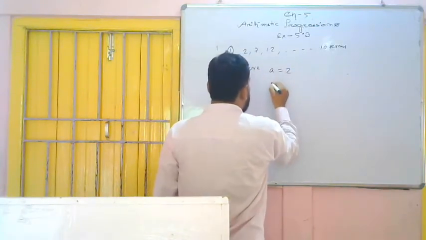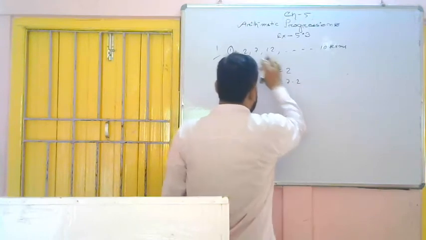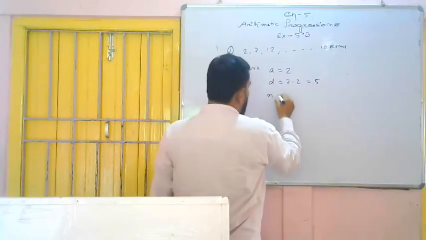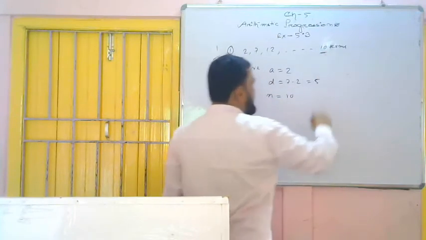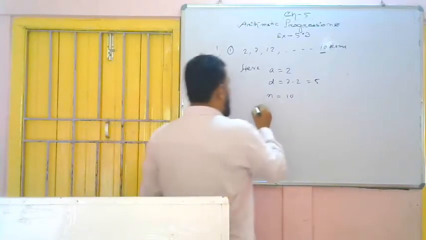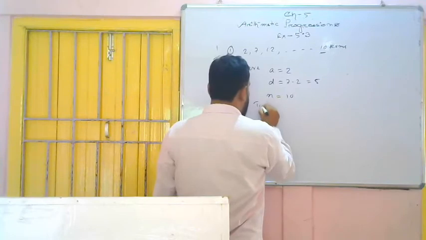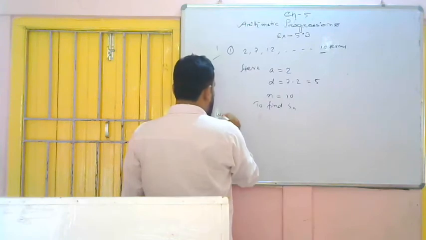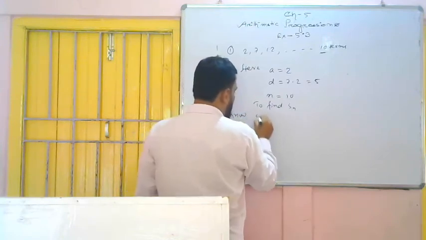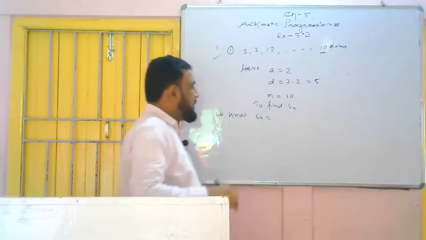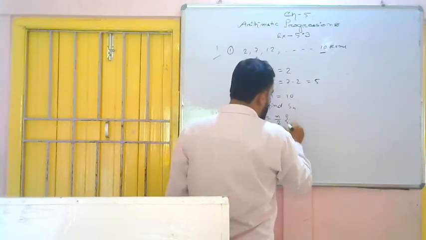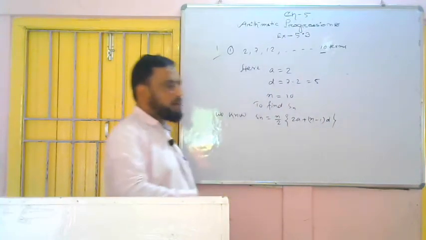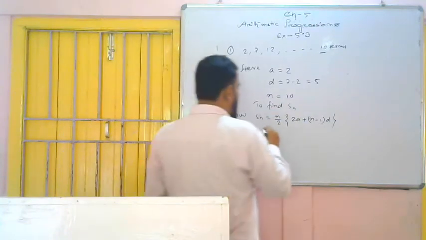Here a is equal to 2, d is equal to 7 minus 2, that is second term minus first term, which is 5, and n is equal to 10 because 10 terms are there. We have to find Sn, and we know the formula. Sn is equal to n by 2 into twice a plus n minus 1 into d. So put the values.